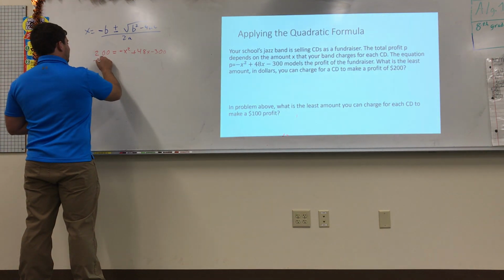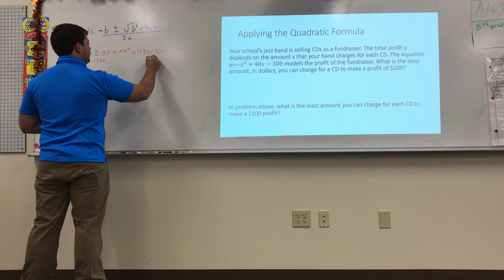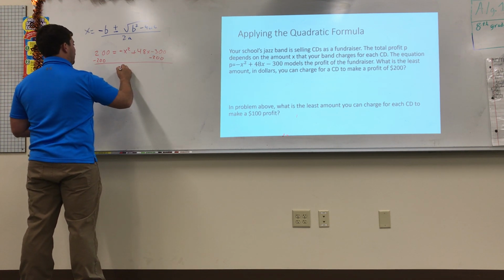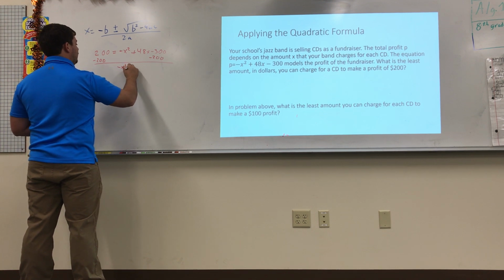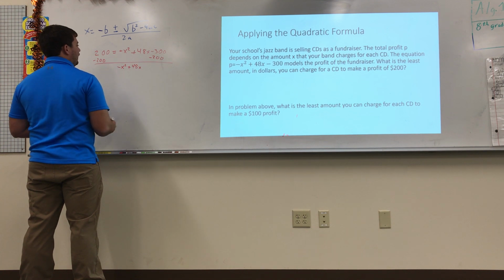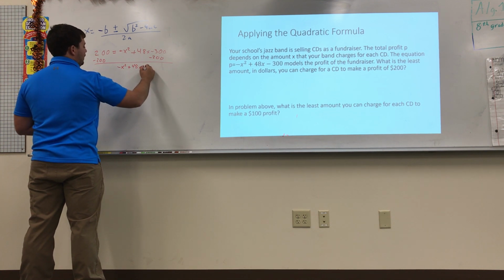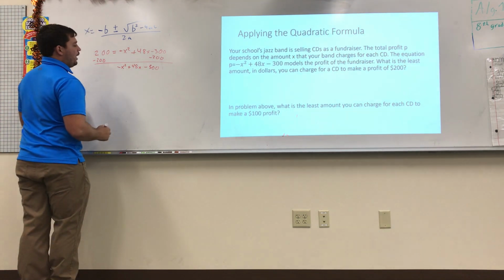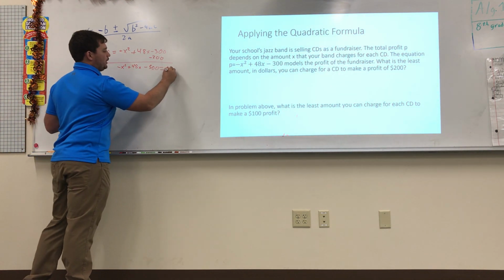We're going to subtract 200 from both sides. That way we can get it in the form of ax to the second plus bx, which is going to be my 48x, plus c, which in this case is going to be minus 500, and this equals 0.